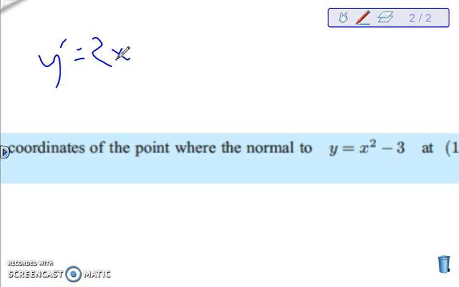We're using the point 1, negative 2. So y prime at the point of tangency is equal to just 2 times 1, which is 2, which means if I want a perpendicular slope, I need to switch it to negative 1/2.